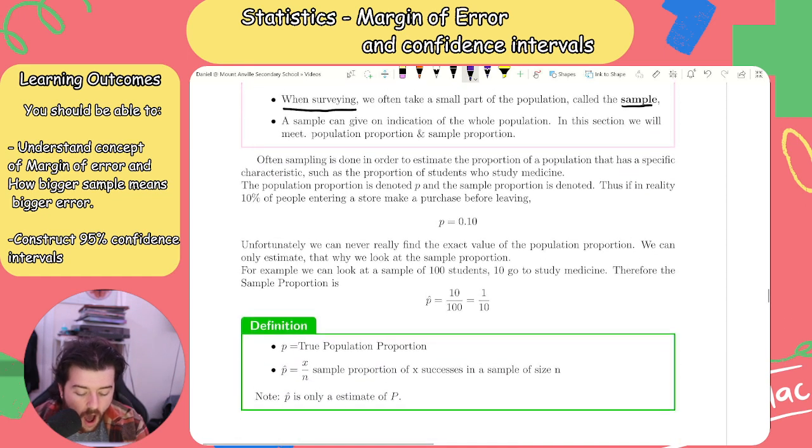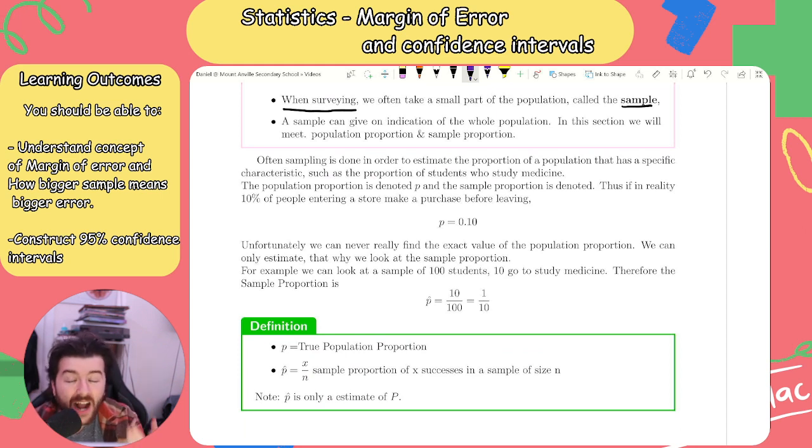Often sampling is done in order to estimate the proportion or fraction of a population that has a specific characteristic, such as the proportion of students who study medicine.